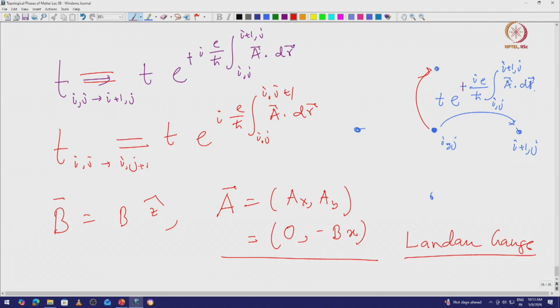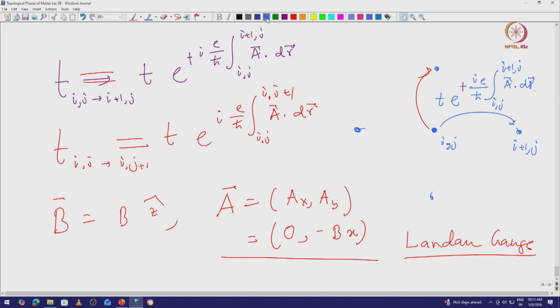So, now you see some interesting thing. So, from here to here it is only along x direction. This is only a line integral. So, the y direction dy.